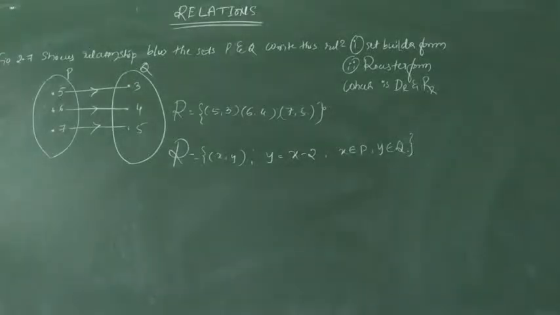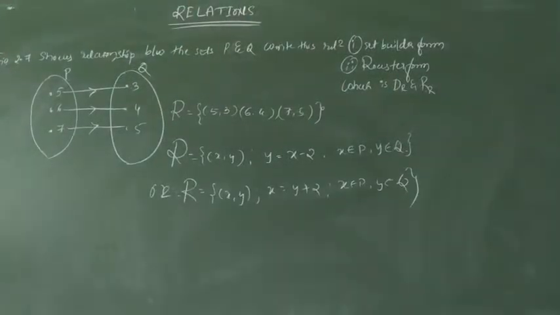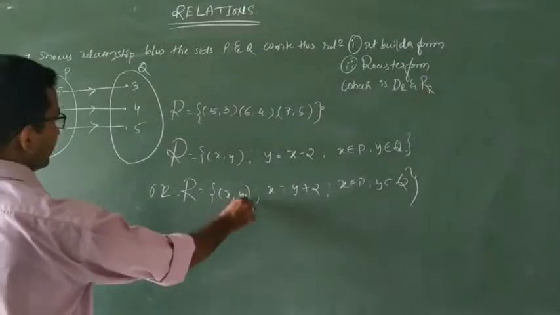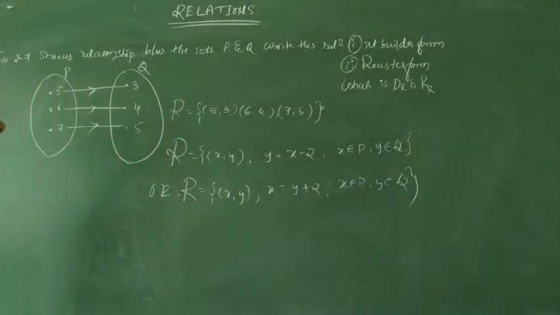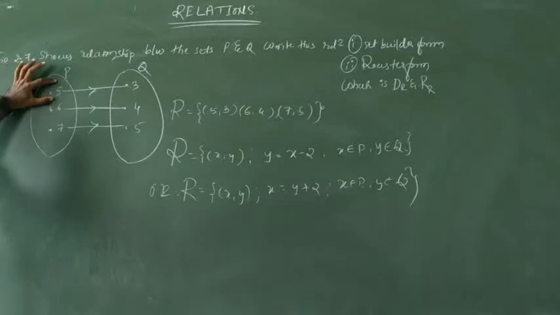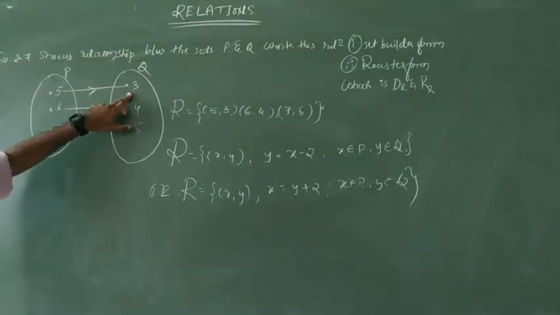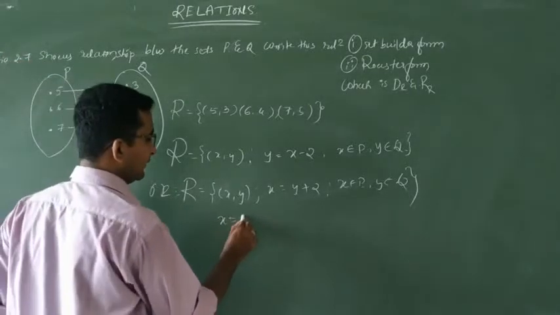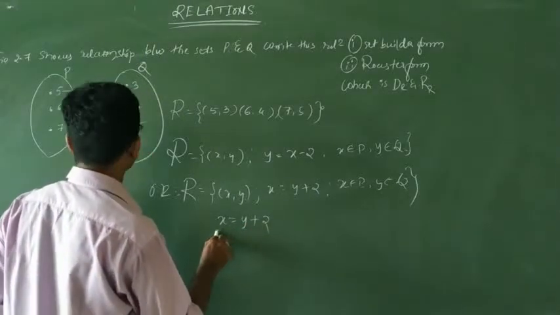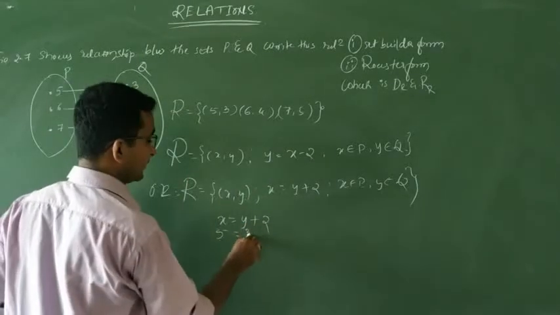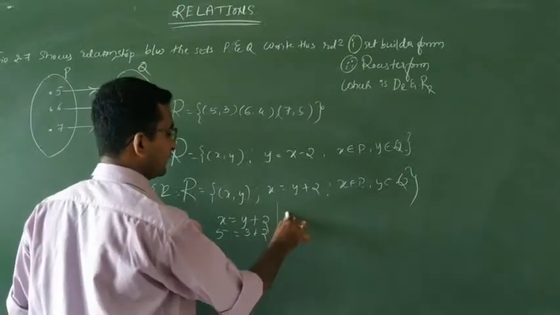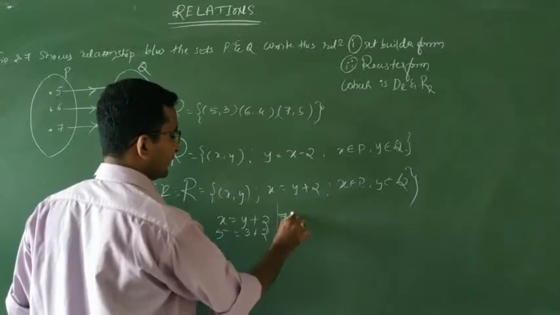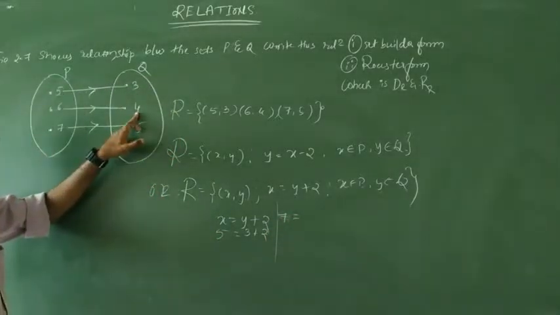Or else I can write this relation as R equals the pair x, y where x is equal to y plus 2, where x belongs to P and y belongs to Q. How is it possible? When x is equal to 5, y is 3, and 3 plus 2 is 5. When x is 6, y is 4, and 4 plus 2 is 6.